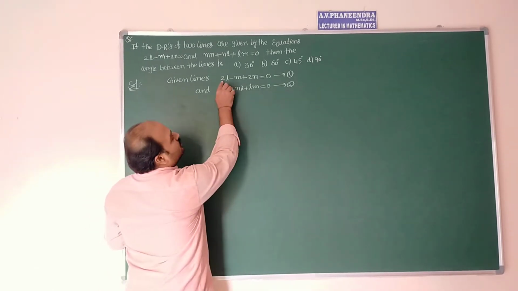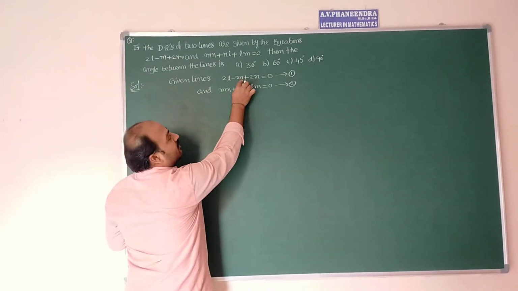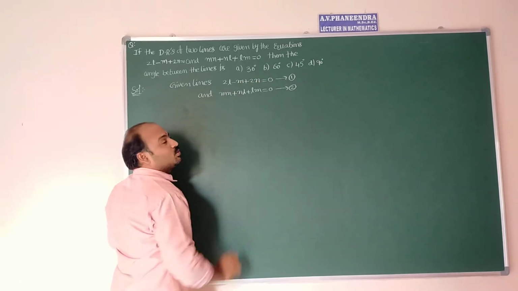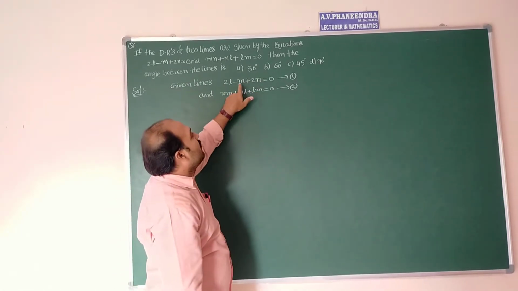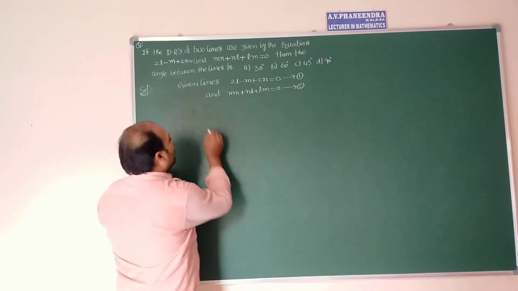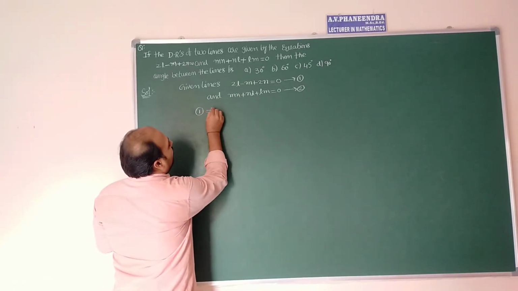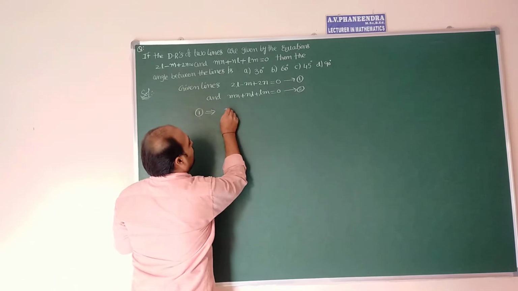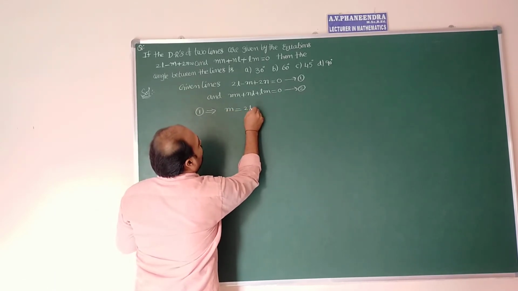So here, L coefficient is 2, M coefficient is minus 1, N coefficient is 2. Among these values, M coefficient is 1 irrespective of minus or plus. So from equation 1, make the M value the subject. So minus M we can take this side, M is equal to 2L plus 2N.